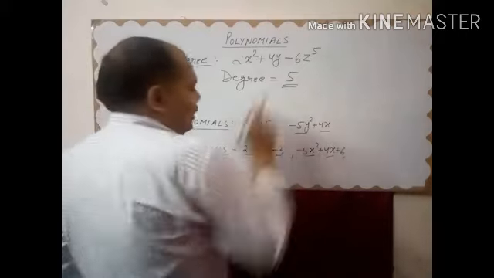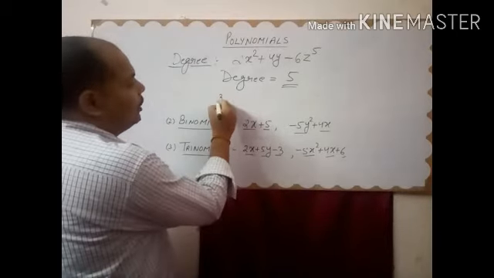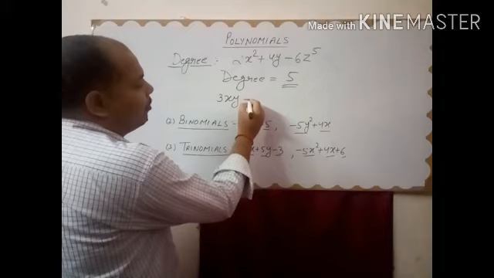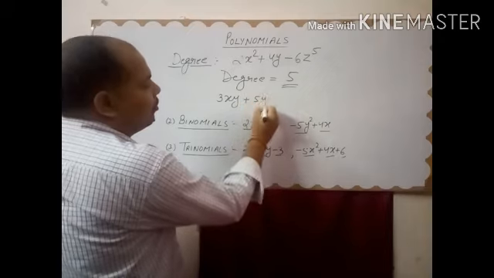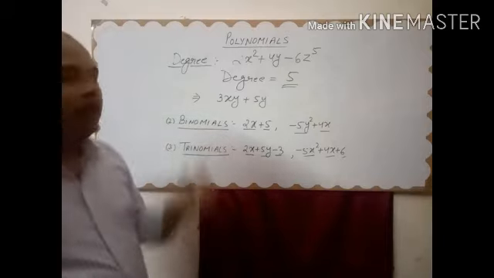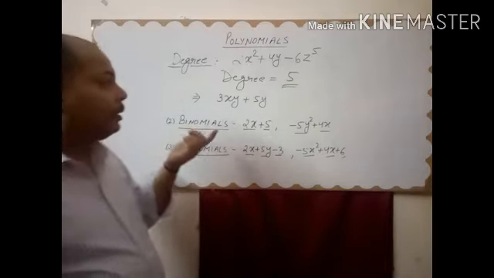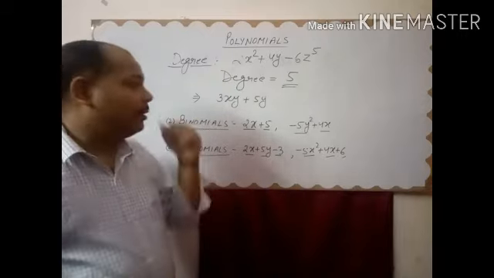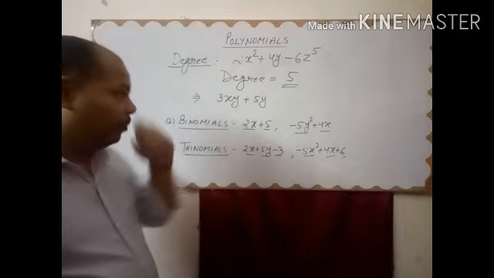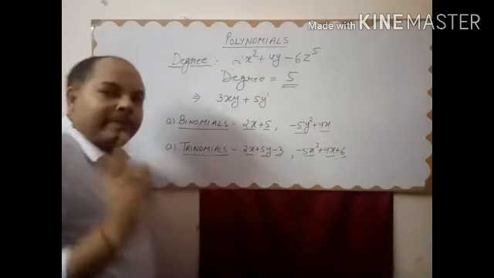Okay. One more thing. Suppose we have this algebraic expression. Tell me what is the degree of this polynomial. So I hope you will be confused that sir, the degree of this is 1. No. See here. Here the variable is y, the power will be 1.